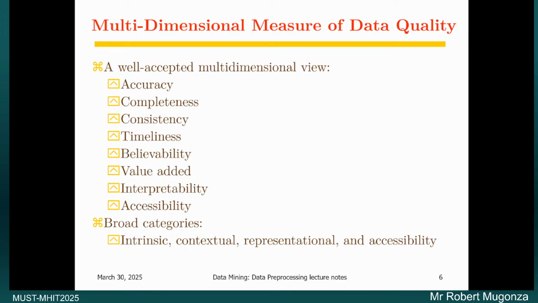intrinsic about, say, for example, the entities of interest. As it has to be contextual. Is it periodical? Is it specific about a certain community? Is it specific about a certain disease? It needs to be representational. Okay, am I speaking about, say for example, a disease A B C D?